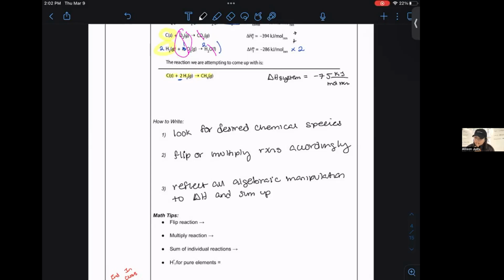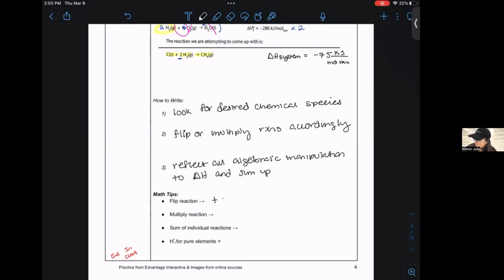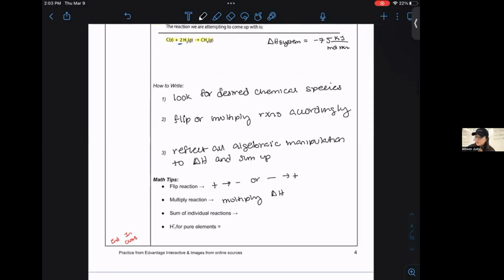If you flip a reaction, you go positive to negative or negative to positive. If you multiply the coefficients, you multiply H as well. When you sum the individual reactions, you should get your overall reaction.